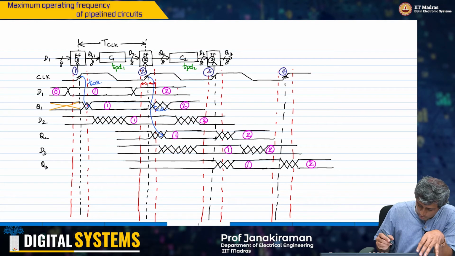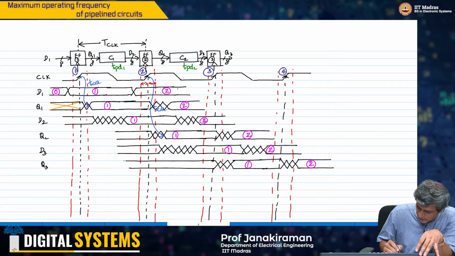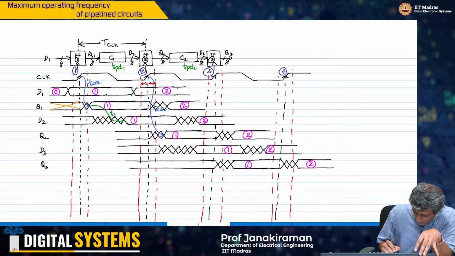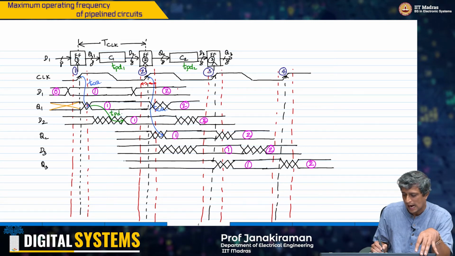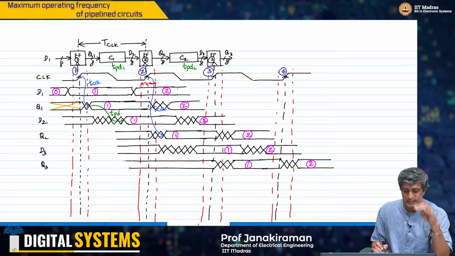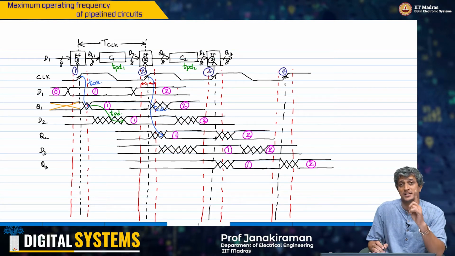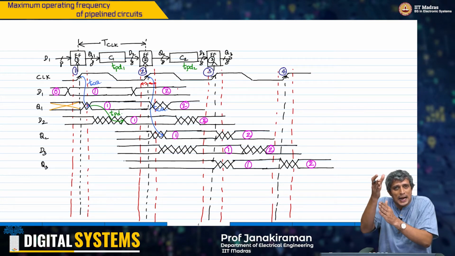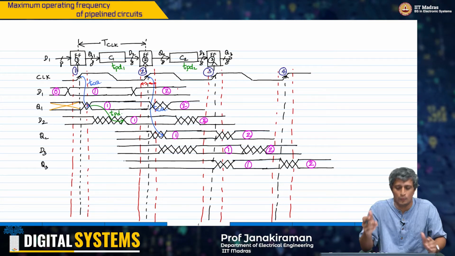So when you look at this whole thing, we are talking about TPD from the time Q1 settles. And you also know that D2 must settle at most at the setup window, right?